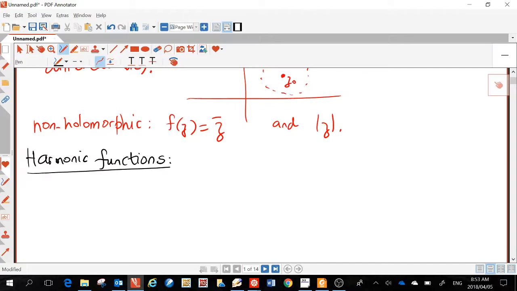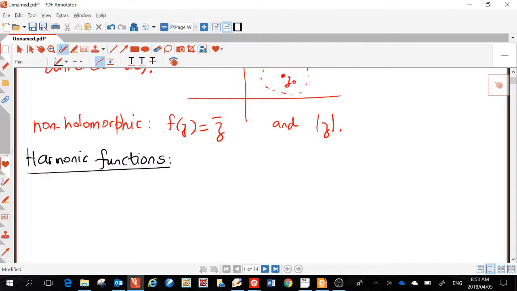If you do physics, you will certainly come across harmonic. Harmonic comes from music, sound waves and stuff. Any ideas? Harmonic.